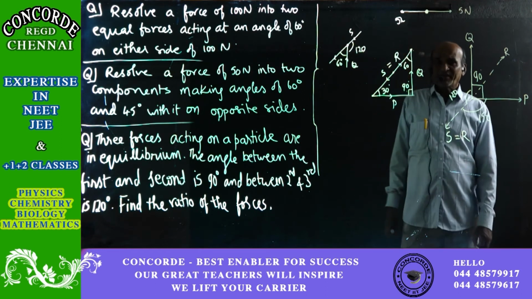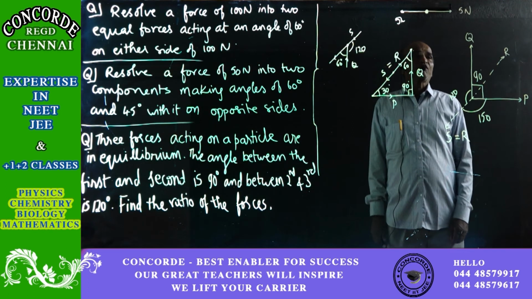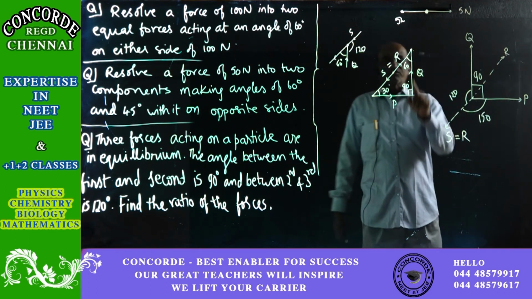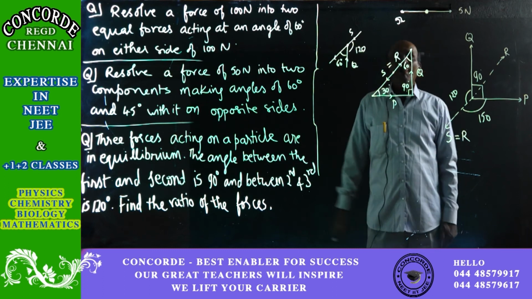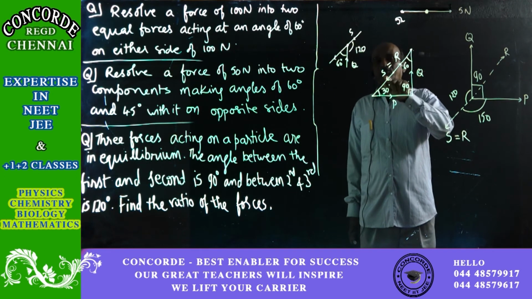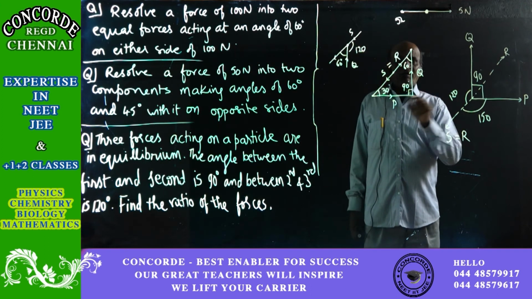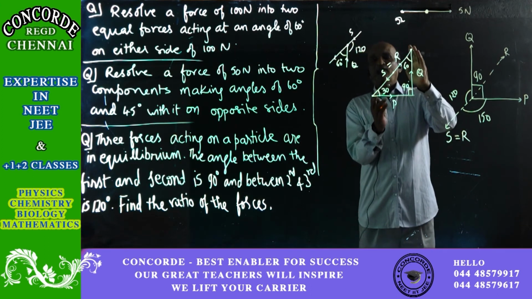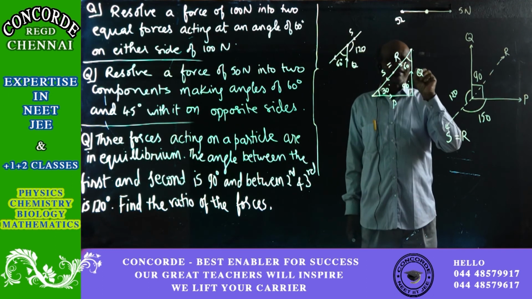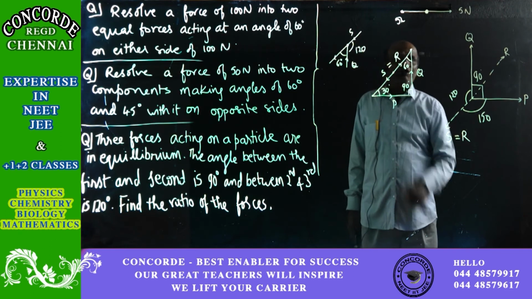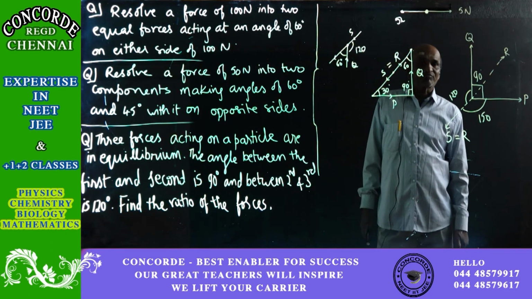And another explanation is that when you take the two forces in order, then the third force, if that is also in order and the triangle is just completed, nothing less, nothing more, it should be just a complete diagram. And all the three forces are in order, the body will be in equilibrium.